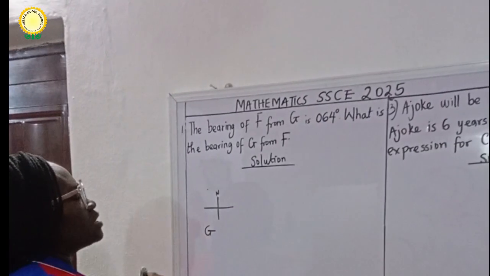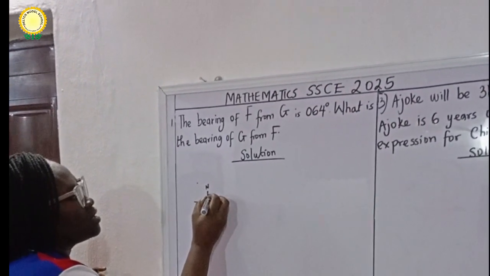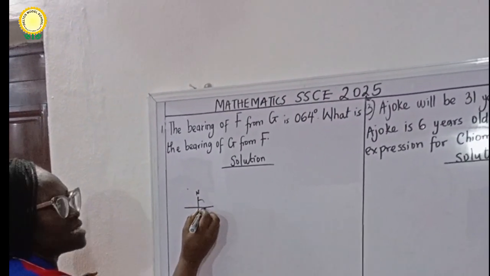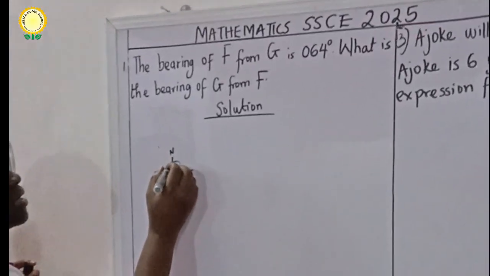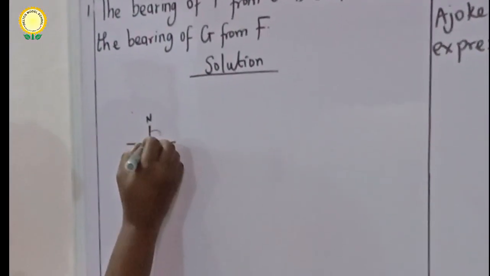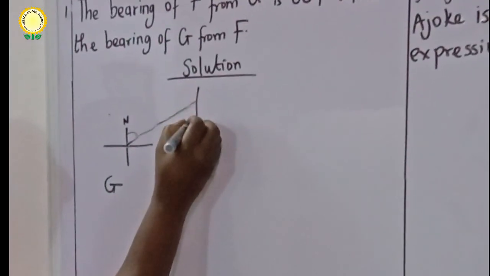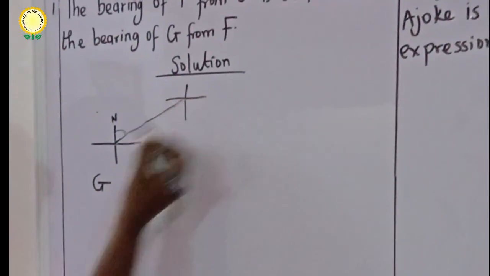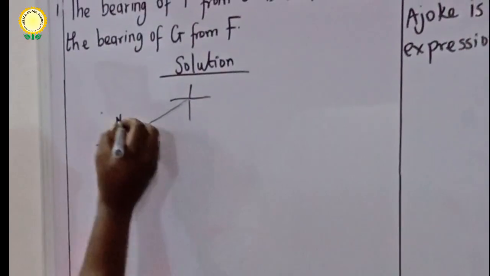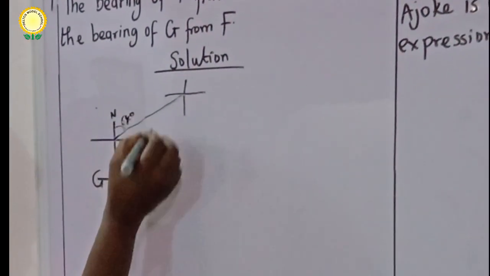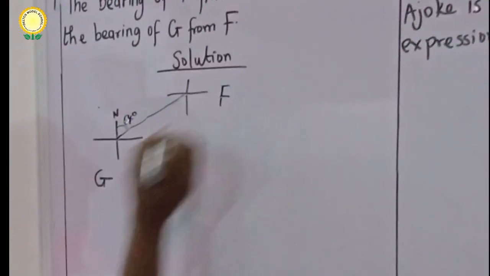So it is north 64 degrees. From here to here is 90 degrees. We all know that. So 64 degrees will be more than half of 90. Okay? So this is 64 degrees. Then you have F here.